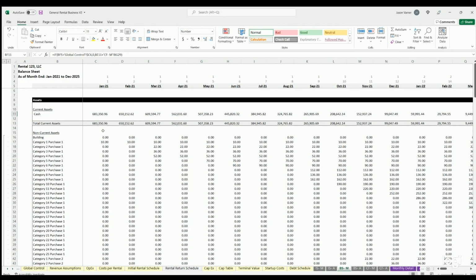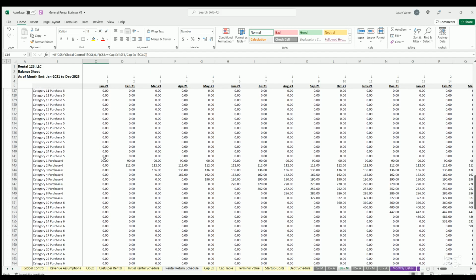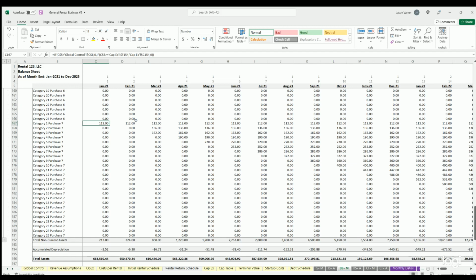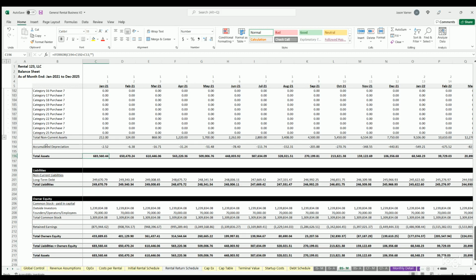Balance sheet, you've got your current assets, non-current assets, which current assets is just going to be cash in this case. Then you've got all your different tranches of units purchased, which are rented out over time. Accumulated depreciation, total assets. This is a contra asset, accumulated depreciation.